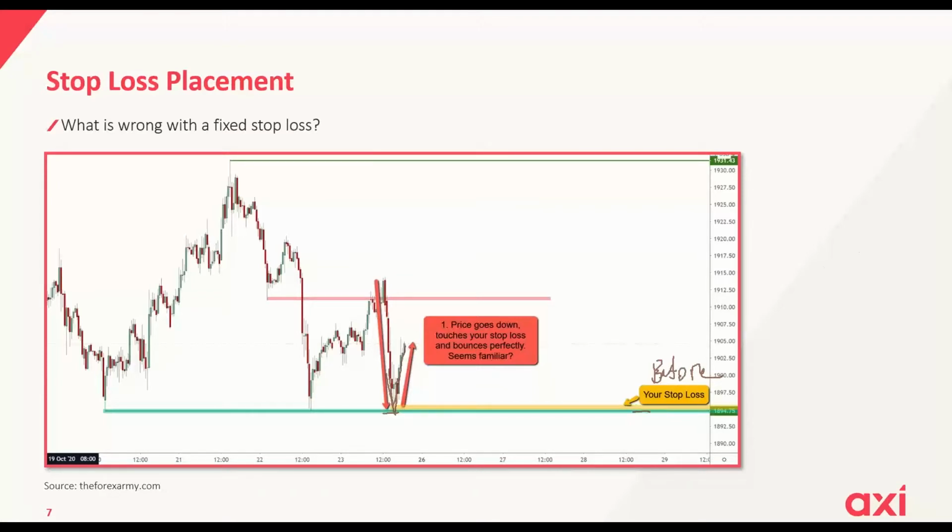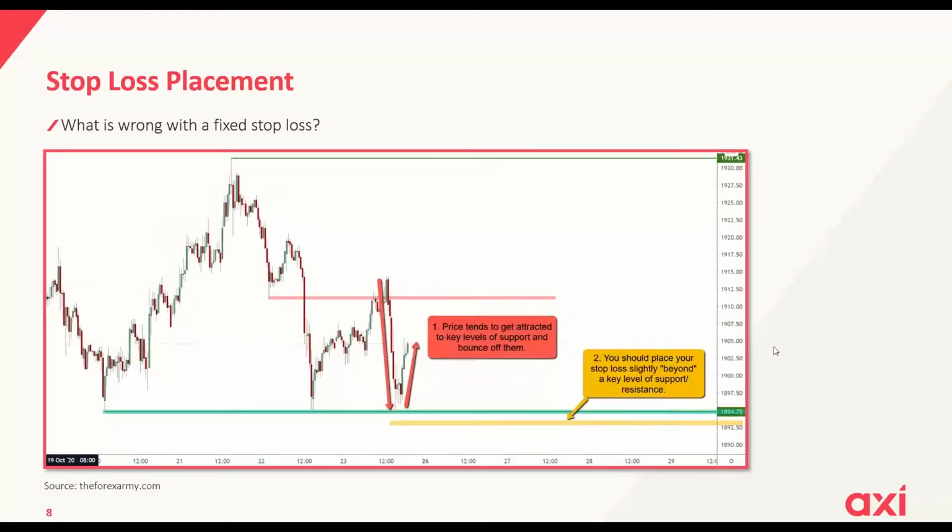What we should do instead, a way to avoid this, is to put our stop loss slightly beyond. If you put your stop loss slightly beyond a key support level, price bounces up, and then the trade can continue working, whether it's in your favor or you choose to cut your losses.